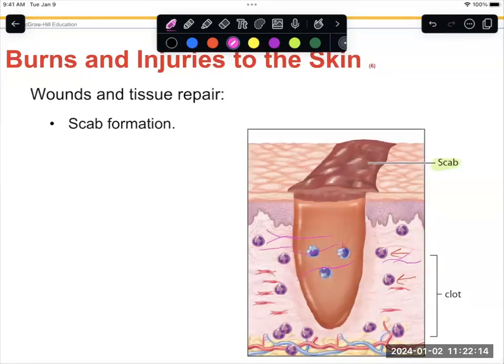We're going to see a scar as long as this dermis here is affected, because these collagen fibers can't come in and 100% repair this tissue. So this is what causes that scar to form.